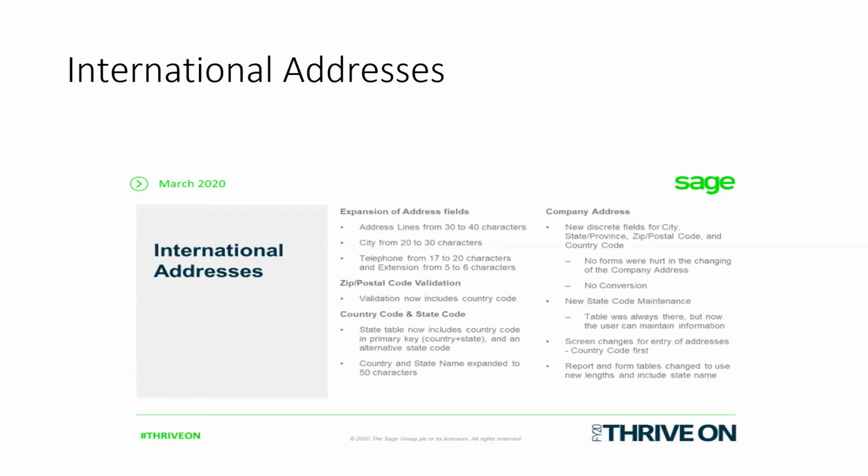And kind of stepping back a little bit, talking about the cloud, as Sage is adding new features and functionality, those that are add-ons that we just went through a couple of, or things such as this, like international addresses, which is going to be a part of the standard Sage 100 Cloud product. These changes are only being made in the cloud version. And so if you are on perpetual license and you remain on perpetual license, even if you upgrade to the version 2020, you're not going to see these new features.